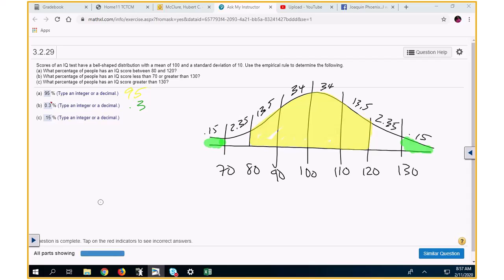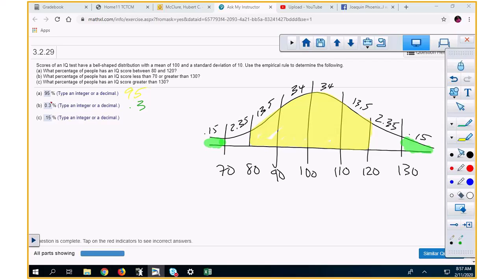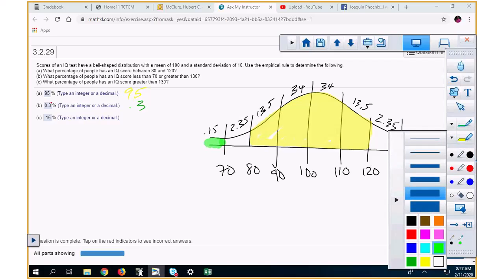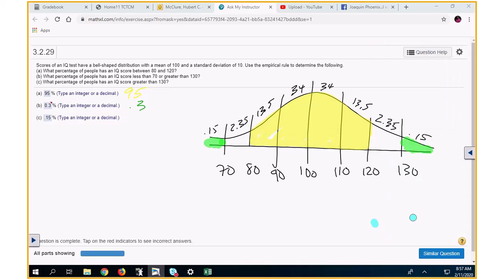And then this is greater than 130. So I'm going to use another color. And greater than 130, is that what it said? That would be this area right here, 0.15. So that's a test question.